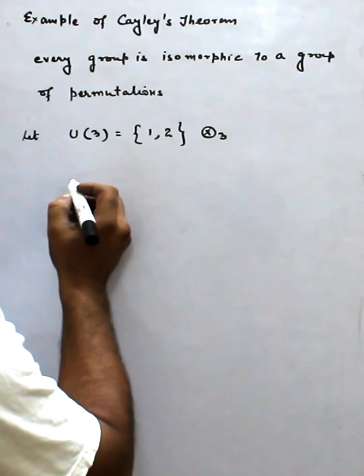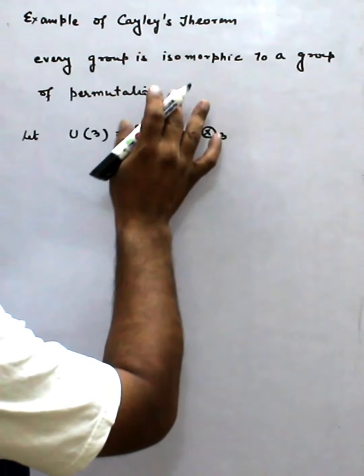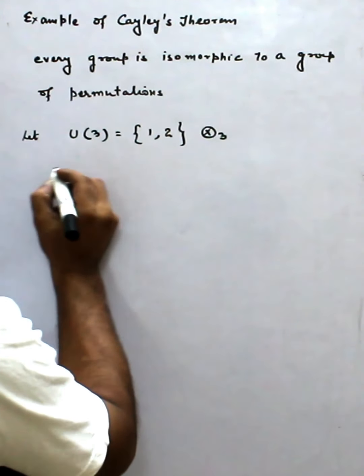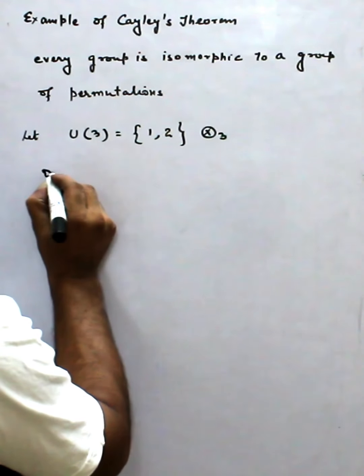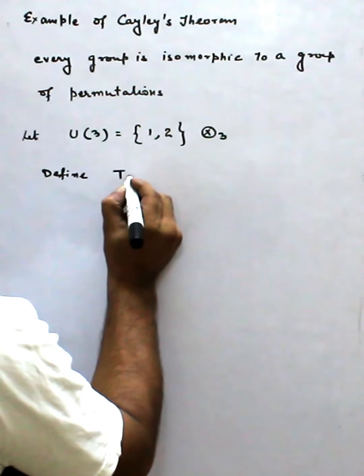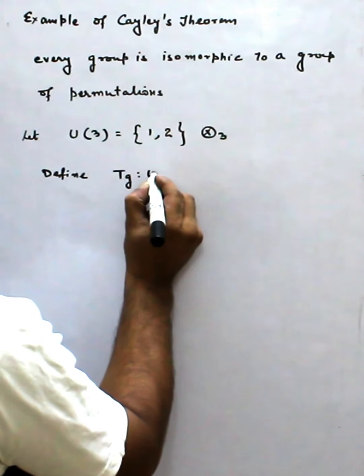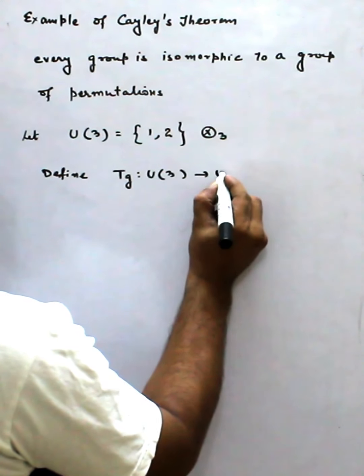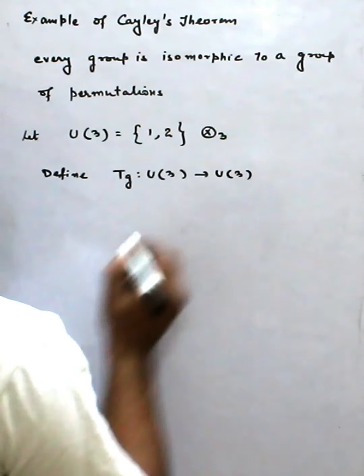Now define a mapping as a permutation from U3 to U3. Let Tg be a map from U3 to U3.